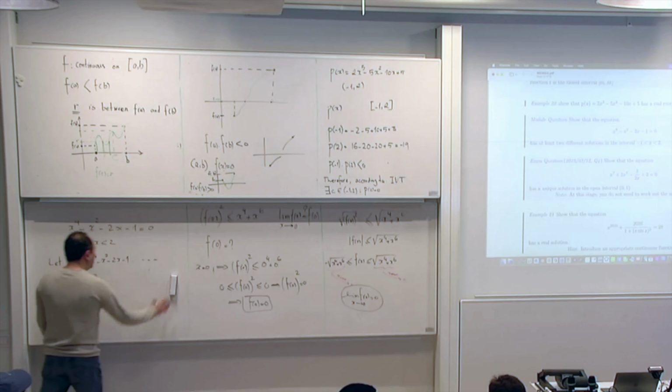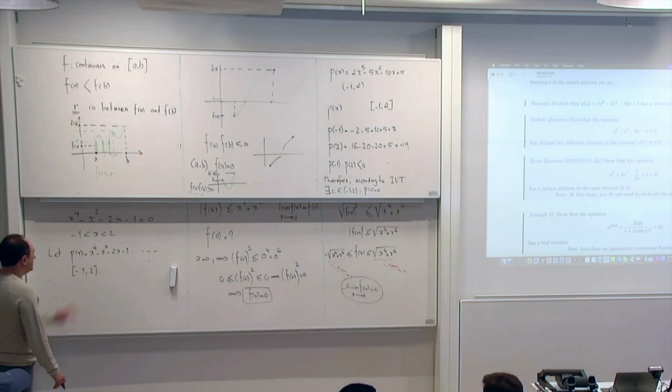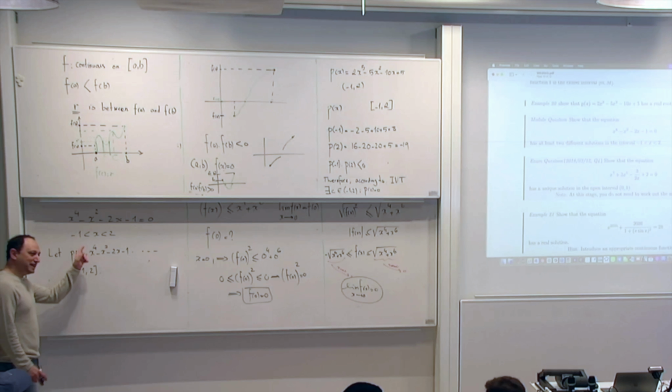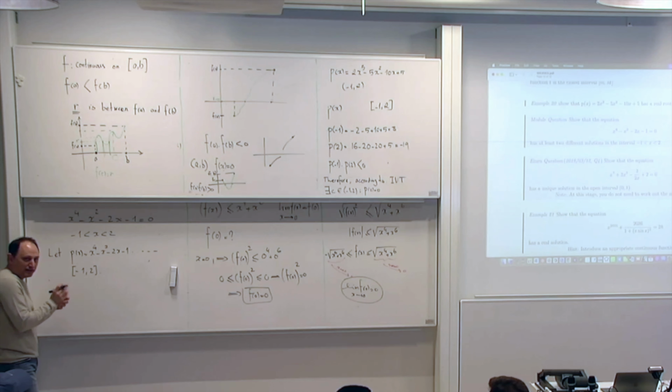And then, what do you do? Because I need two solutions, one interval is not good enough for me, because one interval at most can guarantee how many roots? One root. Okay? So it means that I have to somehow do the same process for two intervals within this. And there is no obvious way how I should split it, but my advice is to take the most natural one.